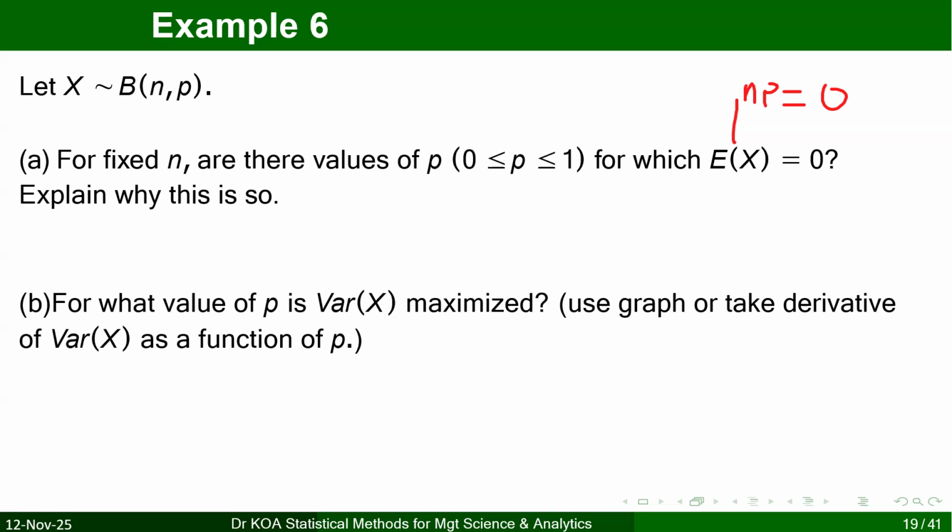For p to be 0, it means that x itself is 0. The random variable is absent when p is equal to 0. And when p is equal to 0, you multiply 0 by n. It doesn't matter whether n is fixed; once you multiply 0 by n, that is 0 times n, and therefore the expected value of the random variable will be equal to 0.